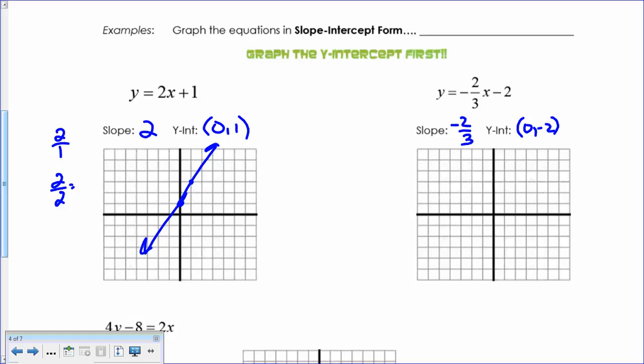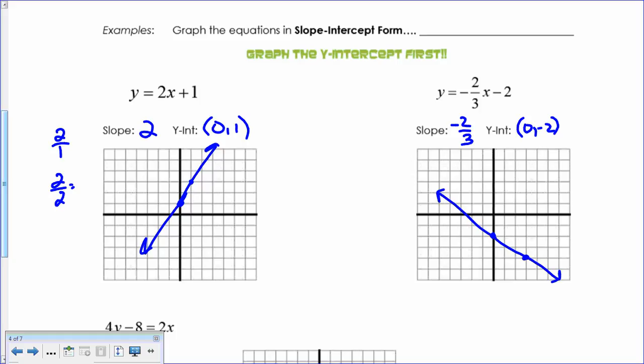The y-intercept goes up and down. So right here. Now I've got 1 point. My slope is negative 2/3, so what direction am I going from this point to make my second point? Down 2, and then over 3. Down 2, right 3. There's my point. Here is my line.